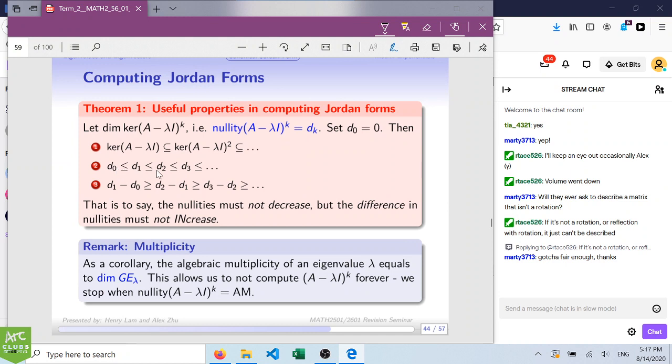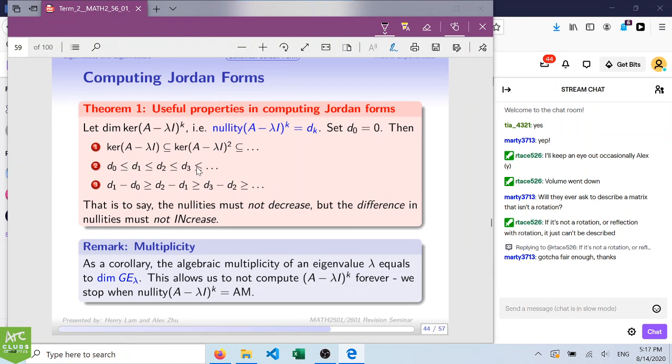Also, there's something called the multiplicity. Sorry, this is the geometric multiplicity. The dimension of the kernel of A minus lambda I to the k is not only going to follow a non-decreasing order as k increases, but the difference is also going to diminish to 0.